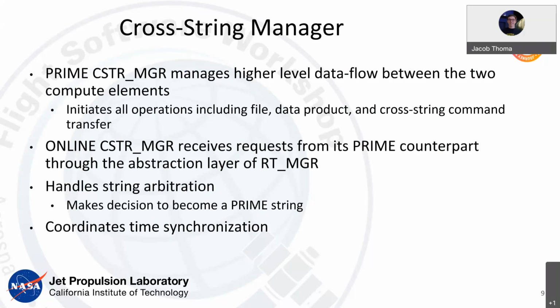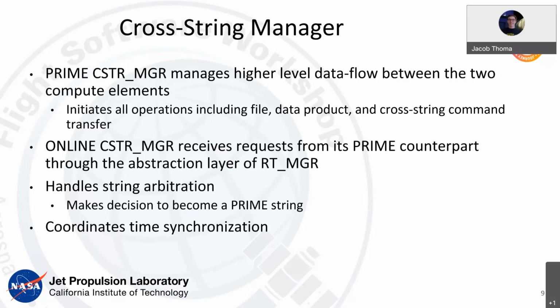It can just do something like receive a request to see if a file exists on the file system on this side. It also handles string arbitration, and what I mean by that is the decision to become a prime string, basically to become the bus controller, and it makes the decision based on preference over string A or B, whether the other string is already prime, and then also a flag that forces it to wait in online state and not become prime.